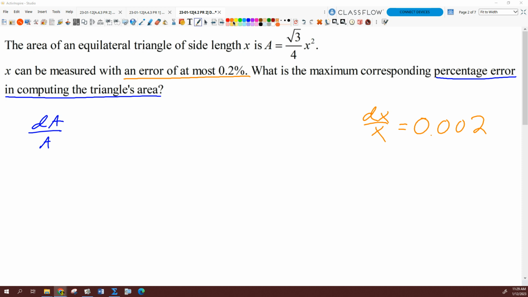Everybody get that? Because if it's 0.2%, then that corresponds to the decimal 0.002, right? Okay. We'll see a little shortcut at the end of this, but got to be careful with it. Okay, so that's all we know. How would I proceed with this? What can we do?